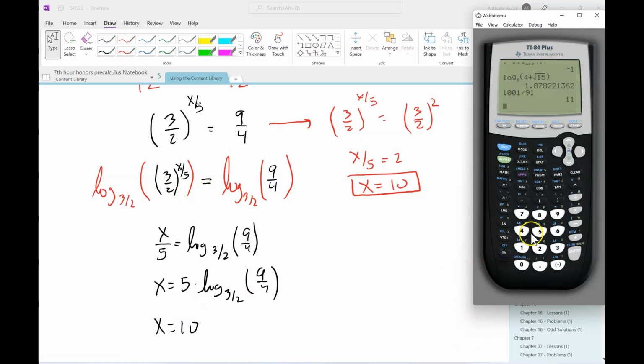Reminder again, to type a log of any base, you press the math button, you scroll down to the bottom, you pick the log base command, and then you type it in exactly like it looks on your sheet of paper. John? How did you get the last step in the red?